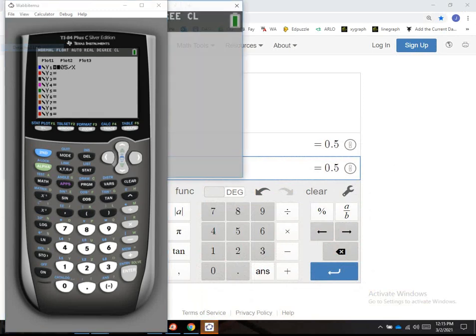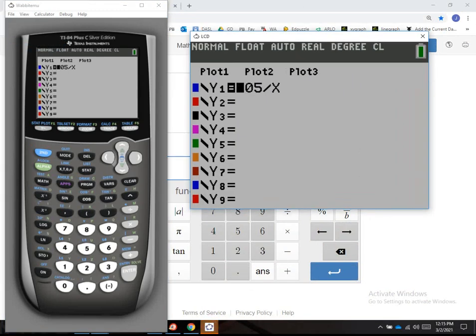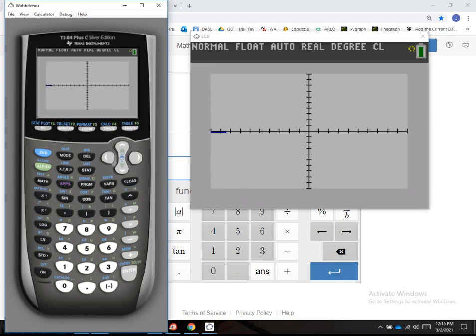If I take the sine of x here, and I graph that. Now it's going to look kind of messed up right now because the sine needs to go between 0 and 360, and right now I'm only showing it going from 0 to like 10.